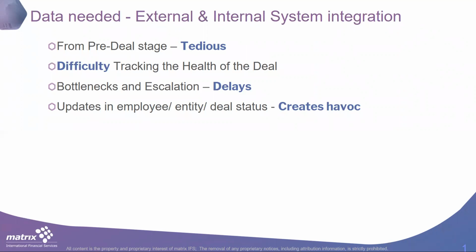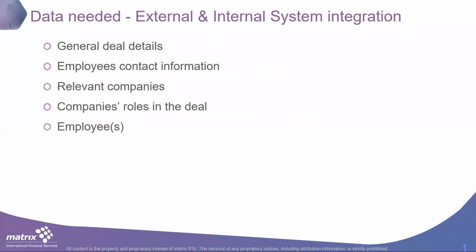Some more examples of the data needed here. You can see there are general deal details such as deal type, status of the deal, etc., that will affect not only the workflow but a lot of the deal structure.